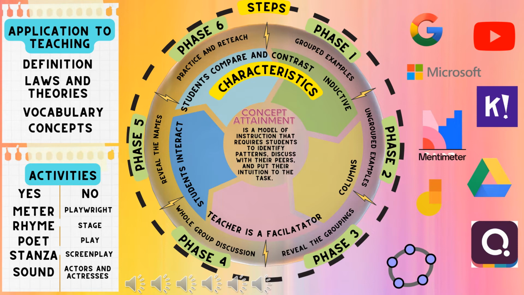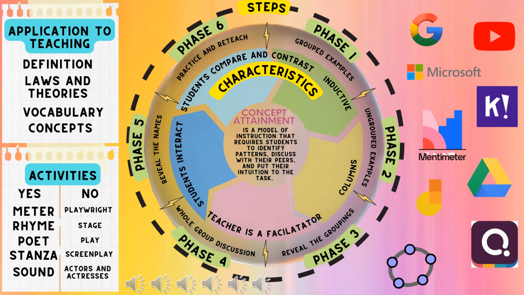Here are some situations where we can apply the concept attainment model. One example is when we teach definitions. The students not just memorize the definitions, but they also understand the concept behind the terms. Another example is when we teach theories in science or in mathematics.